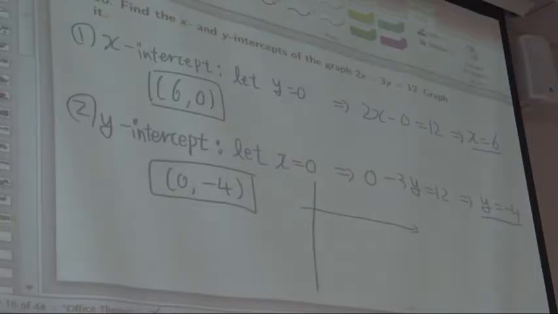Now for the graph, there is an x-intercept, which is 6, and a y-intercept, which is negative 4, and connect them, and that is the graph.